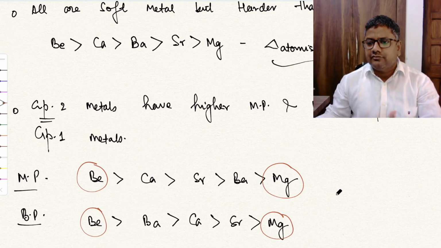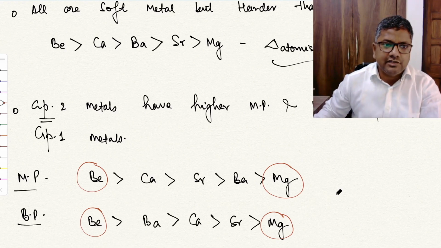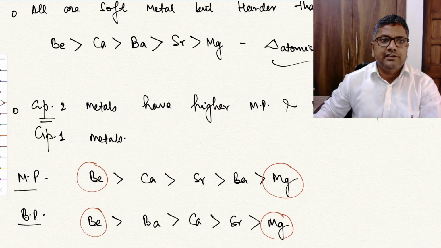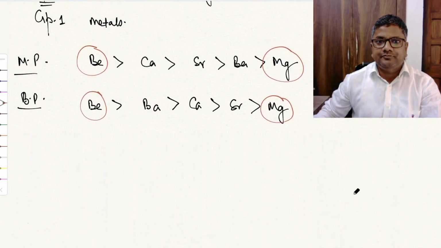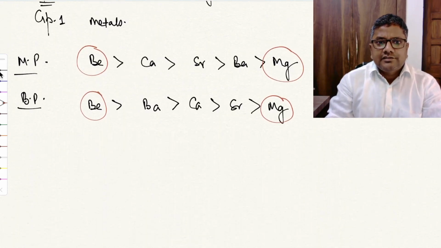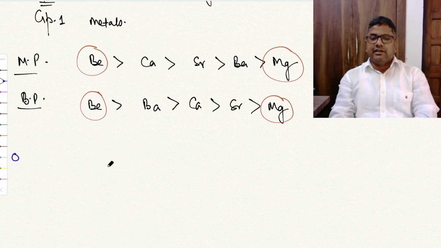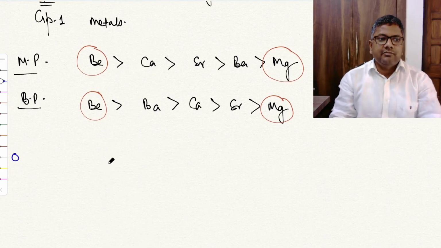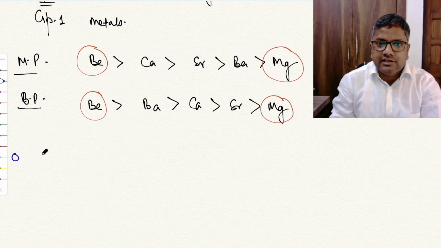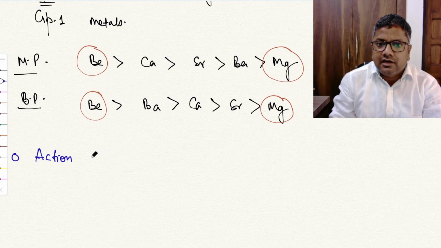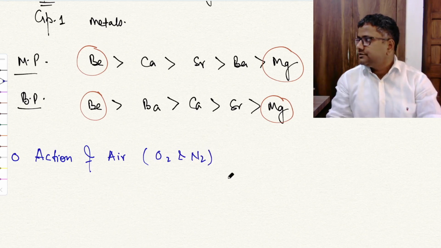Metallic character we have already discussed, that it increases down the group, right? Now see, let's discuss one by one chemical properties, chemical reactivity. So first I am taking action with oxygen and nitrogen, means action of air. Air means O2 and N2 both, right?